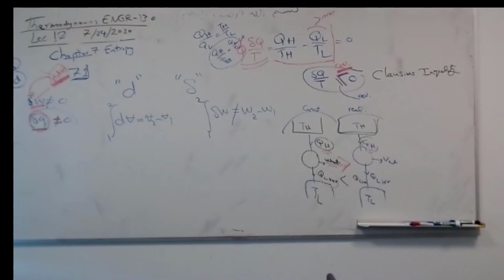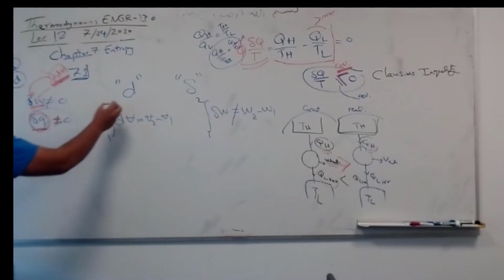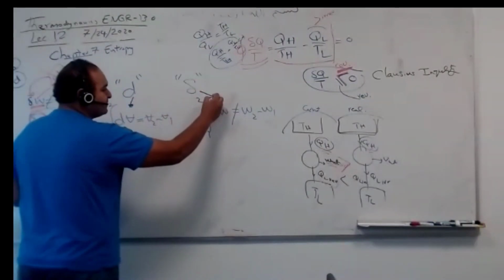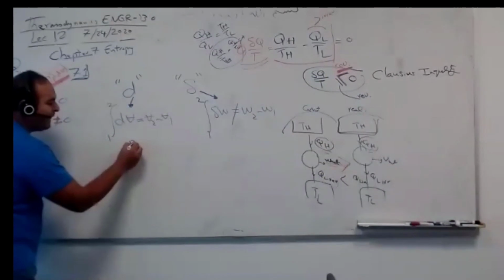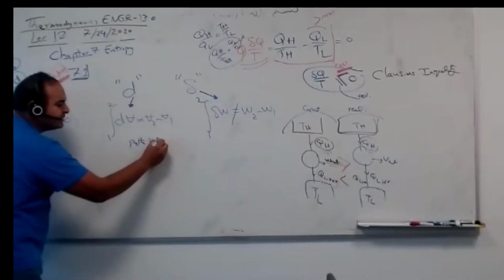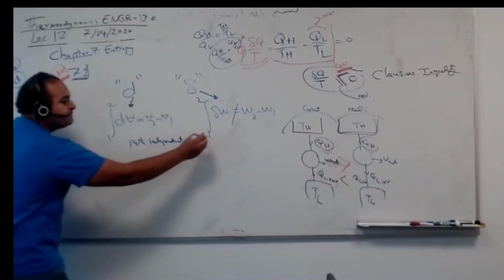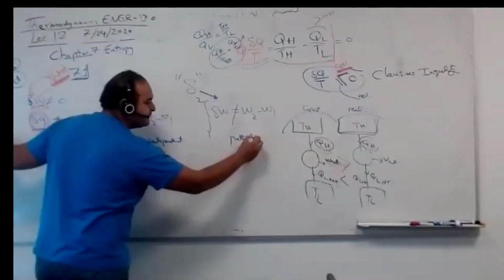We did talk about this before: the difference between exact and inexact differentials. It is always correct. Do you know why? Because this is called path independent. This is path dependent. This is the only difference.